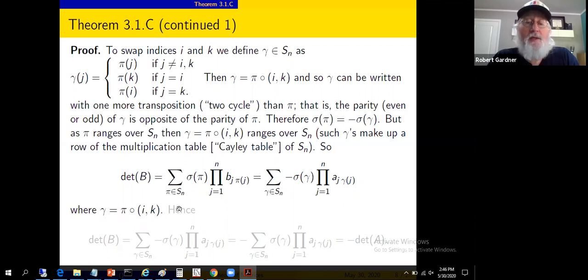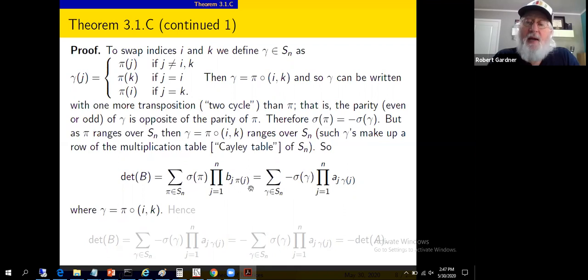All right. So if we take the determinant of matrix B, here's your definition. Remember, I used the j's for the B's. Definition, determinant of B. Let's write that in terms of sigmas, gammas. The gammas are being defined as related to the pi's in this particular way here. So we pick up a negative every time we use one of the gammas.